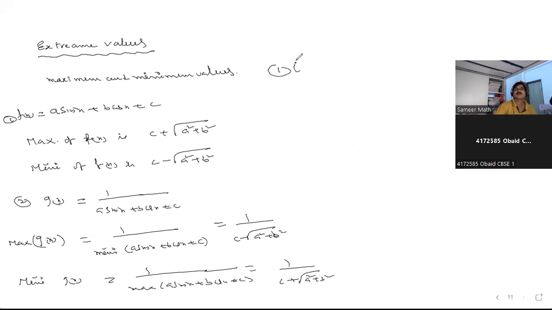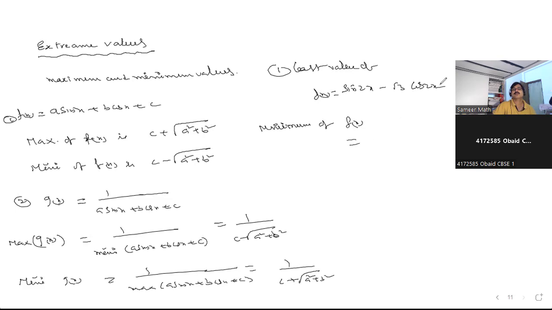Now, if I ask you for the least value, questions are like this. First one, the least value of sine 2x minus root 3 cos 2x. This value means what? Minimum. The minimum of this, if you say f of x.